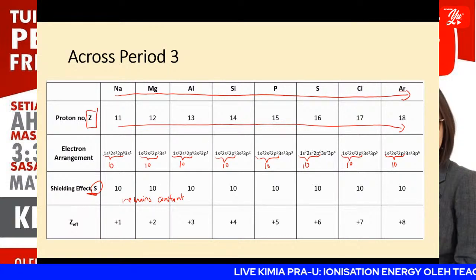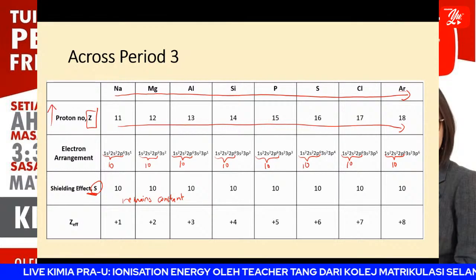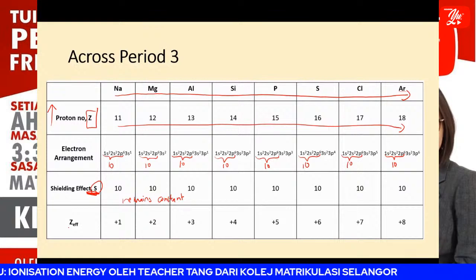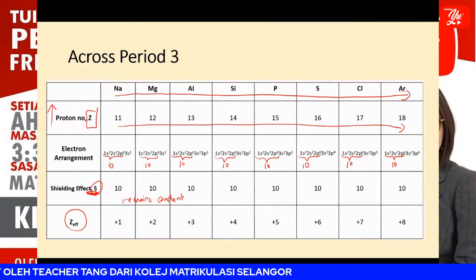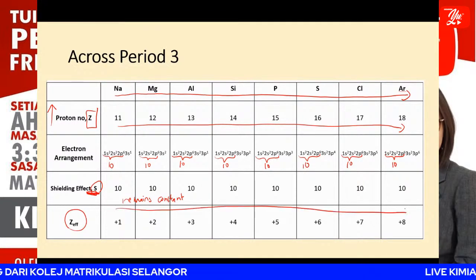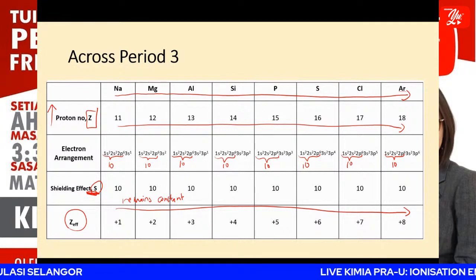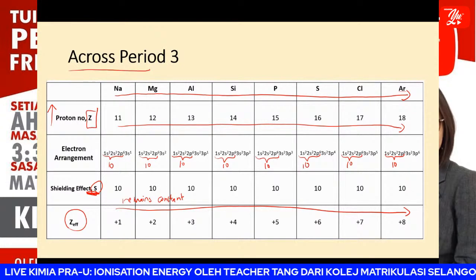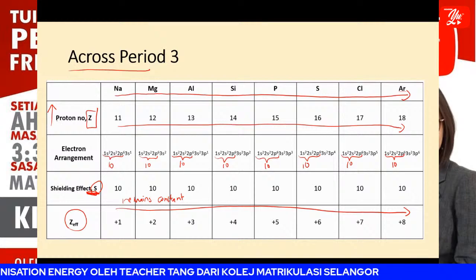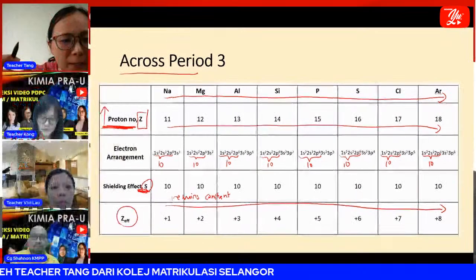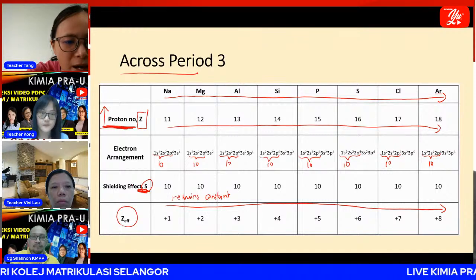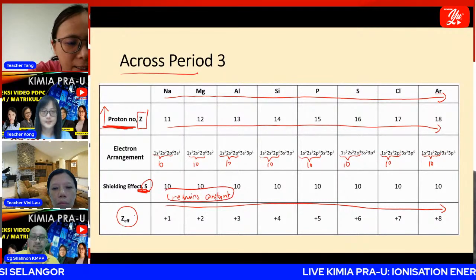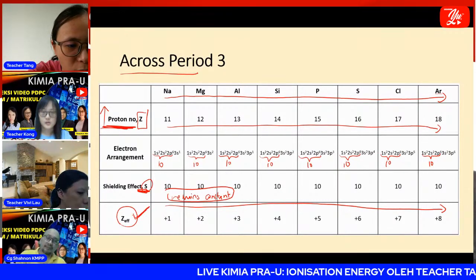With the increase in the proton number and the shielding effect remaining constant, the effective nuclear charge increases across a period. Let me conclude first: across a period, the proton number increases with shielding effect remaining constant, which causes the effective nuclear charge to increase.